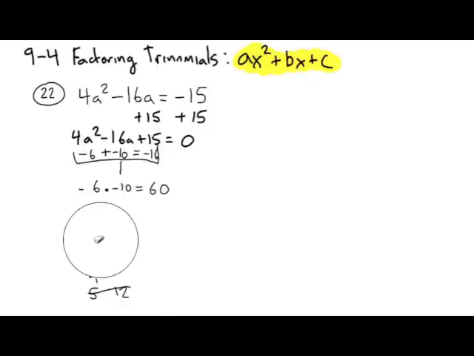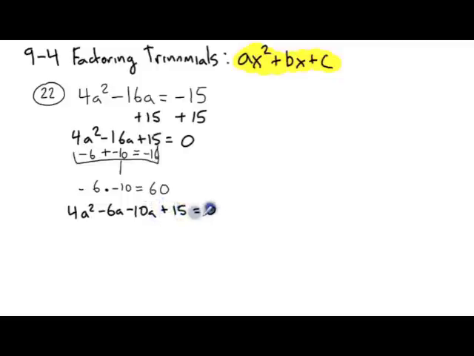So let me go ahead and erase this so we can continue on with our problem. From here we know that this turns into 4a squared minus 6a minus 10a plus 15, because that's how we got the negative 16a, and don't forget about the equals 0, even though we're not doing that right now. So let's go ahead and group them now.